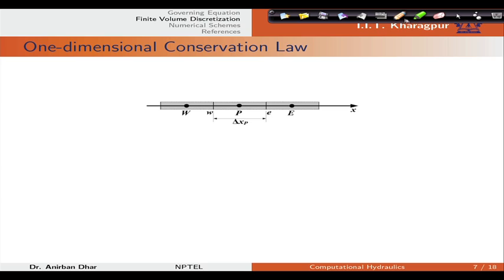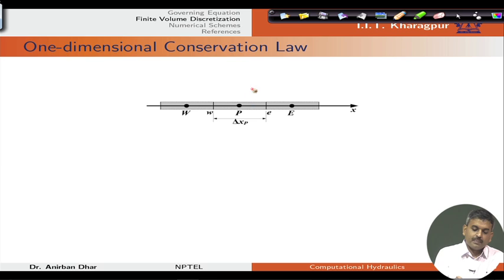Let us consider our one dimensional conservation law. We have the general P cell, E cell, and W cell here for some interior node.